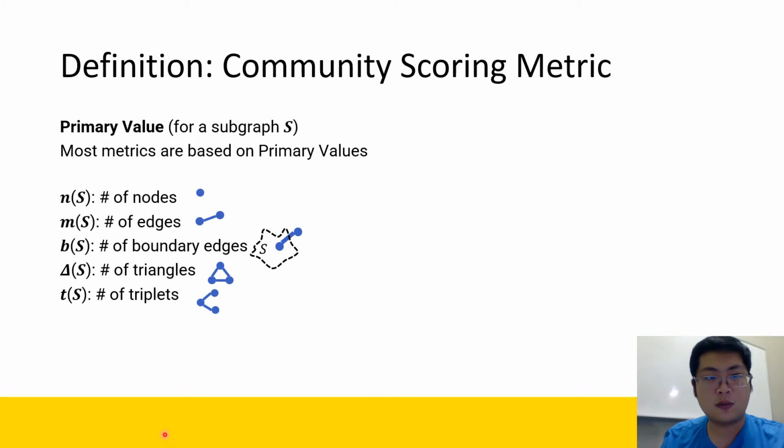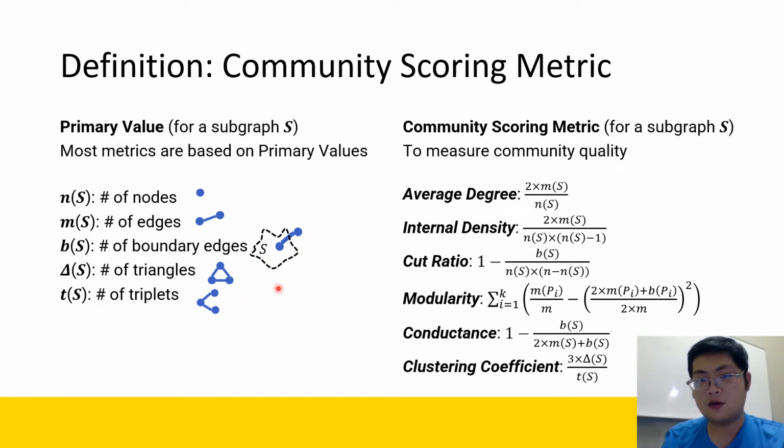Next, I will talk about community scoring metrics. First are primary values for a subgraph S, because most metrics are based on primary values, and we have the number of nodes, edges, boundary edges, triangles, and triplets. Based on those primary values, we can define those metrics to measure community quality.